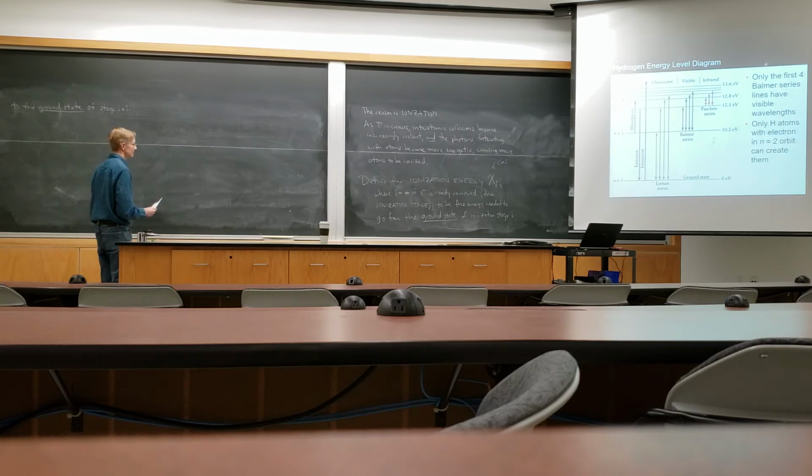Now, of course, like we just said, you could ionize it in lots of ways. You're not necessarily going from the ground state to the ground state. You could pull out an inner shell electron. You can still do that.